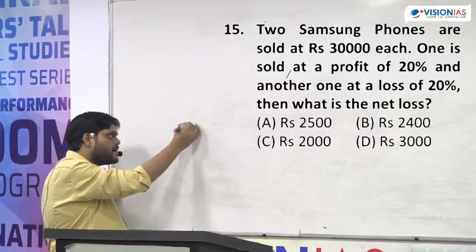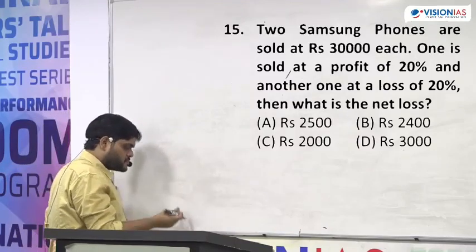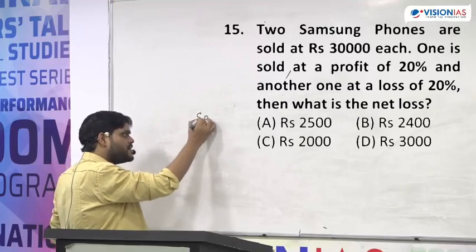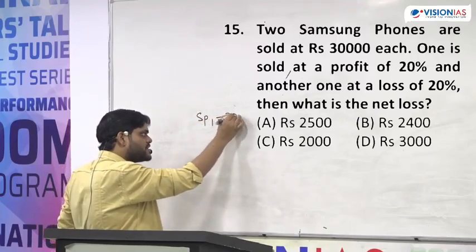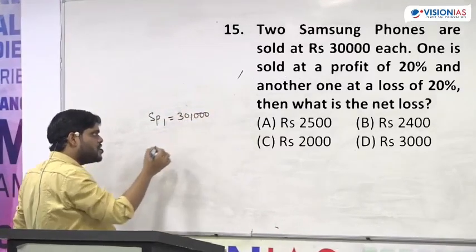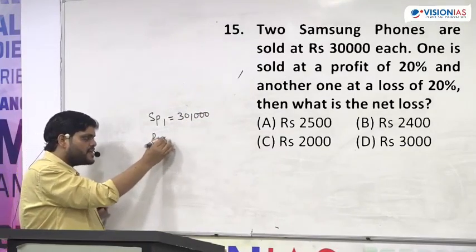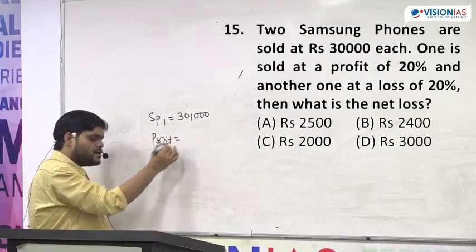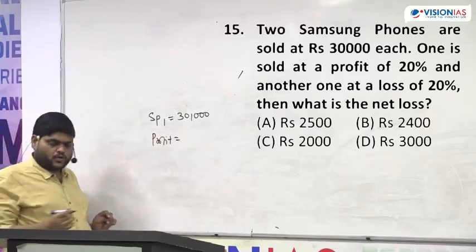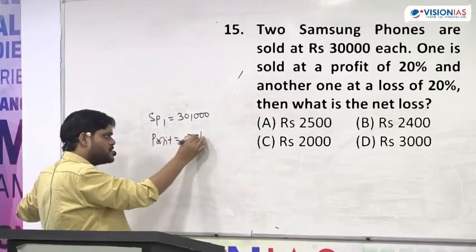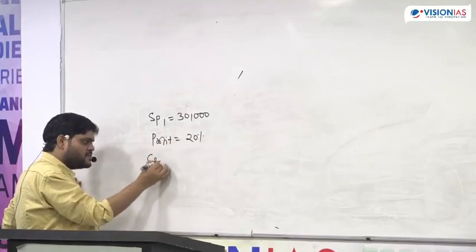See, SP1 is given as 30,000 and the profit is also given as 20%. So what is CP1?